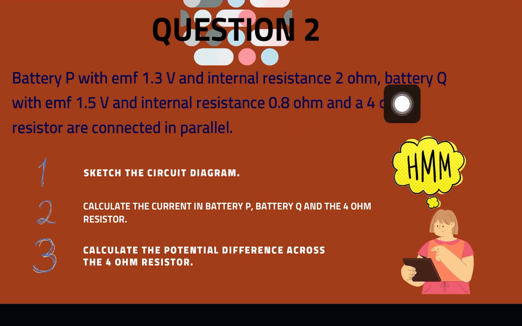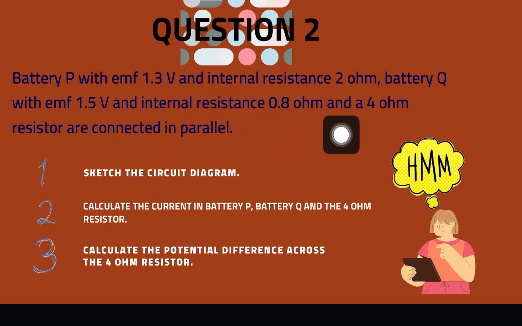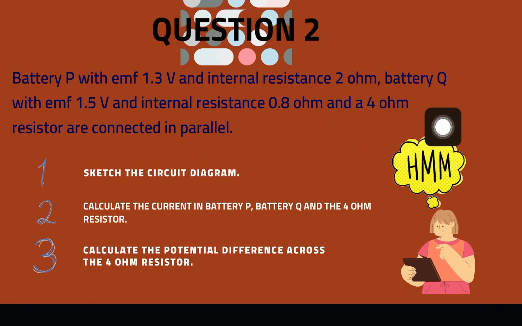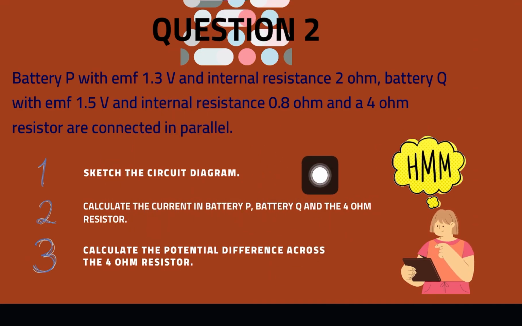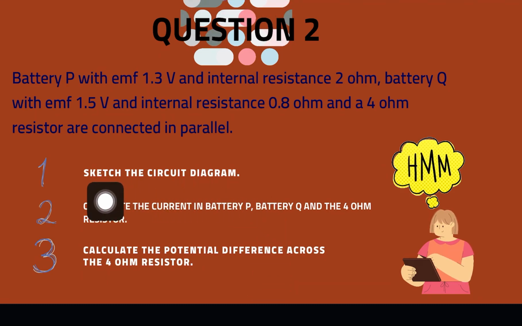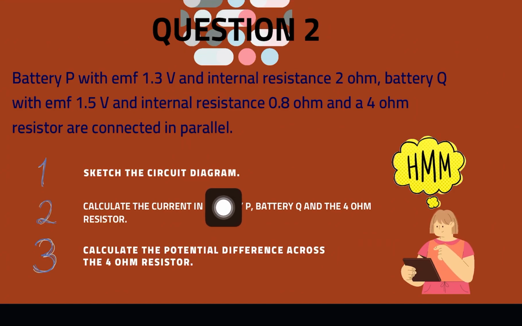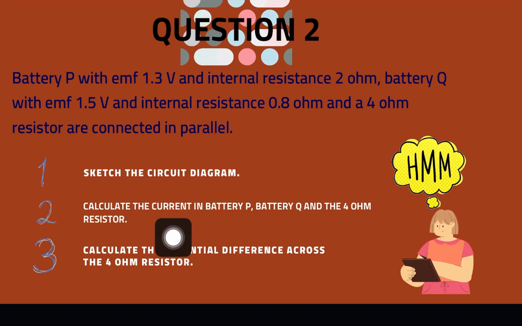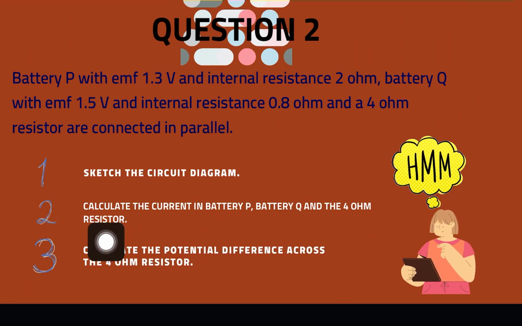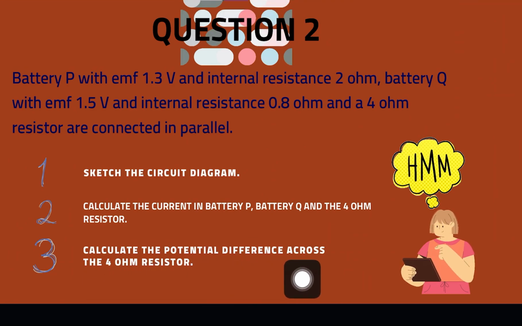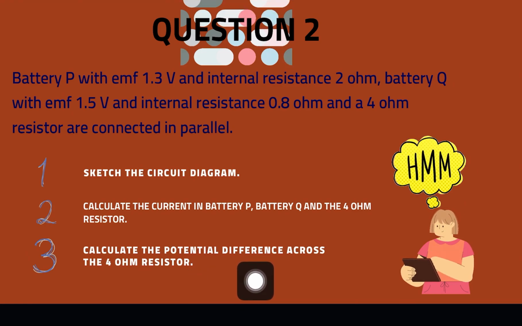Battery Q with its internal resistance and a 4 ohm resistor are connected in parallel. Can you imagine how this circuit looks? The question asks us to sketch the circuit diagram, then calculate the current in battery P, battery Q, and the 4 ohm resistor. After that, we need to calculate the potential difference across the 4 ohm resistor.